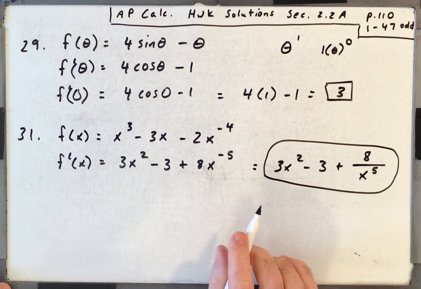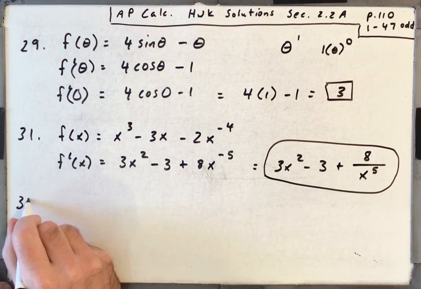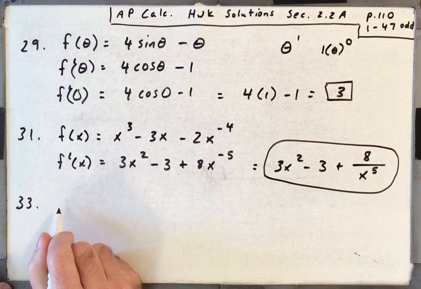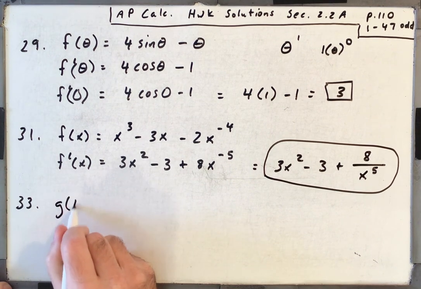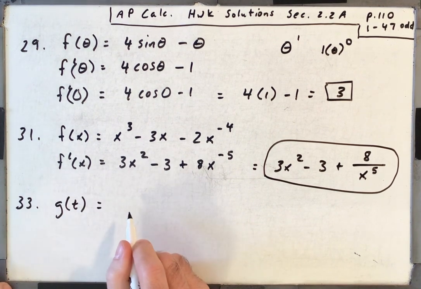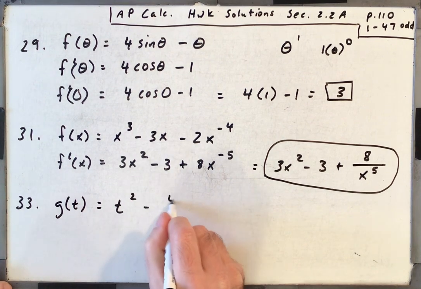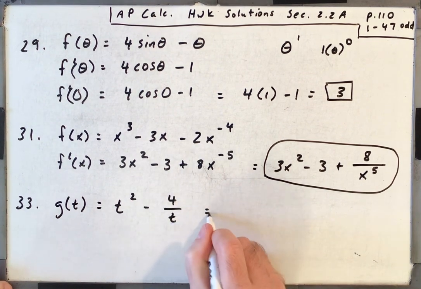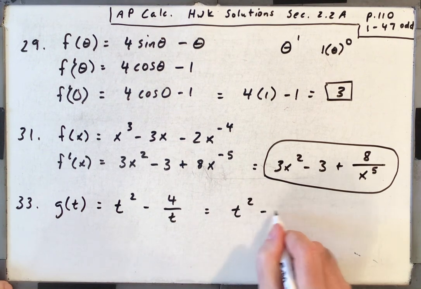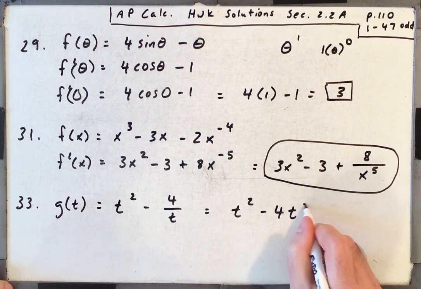Okay, 33. We have g of t is equal to t squared minus 4 over t. I'm going to rewrite that as t squared minus 4t to the minus 1.